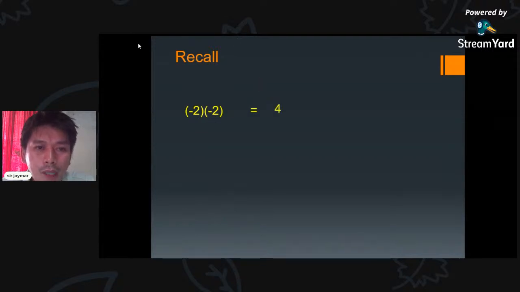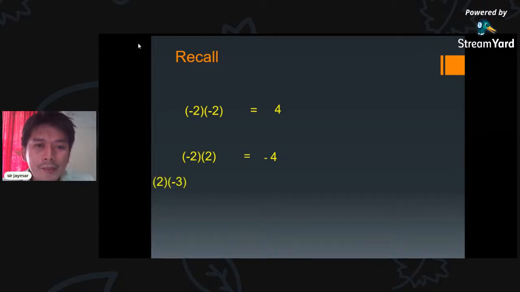From number 1, negative 2 times negative 2 will become 4. A negative number multiplied by a negative becomes a positive number. In number 2, a negative number multiplied by a positive, the answer is a negative number. So negative 2 times positive 2 will be negative 4.